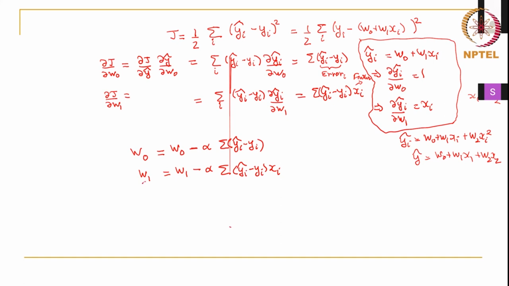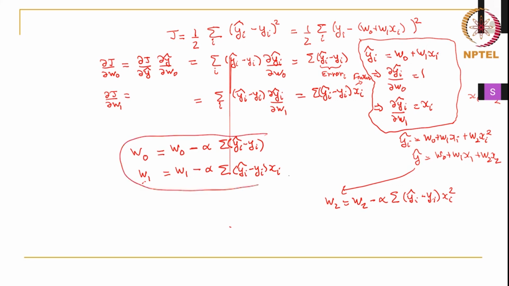You can imagine if I am doing a quadratic, then I will get W2 equal to W2 minus alpha sigma of y hat i minus yi times xi squared. So that would be an additional equation. In our case, we are going to look at only these two.